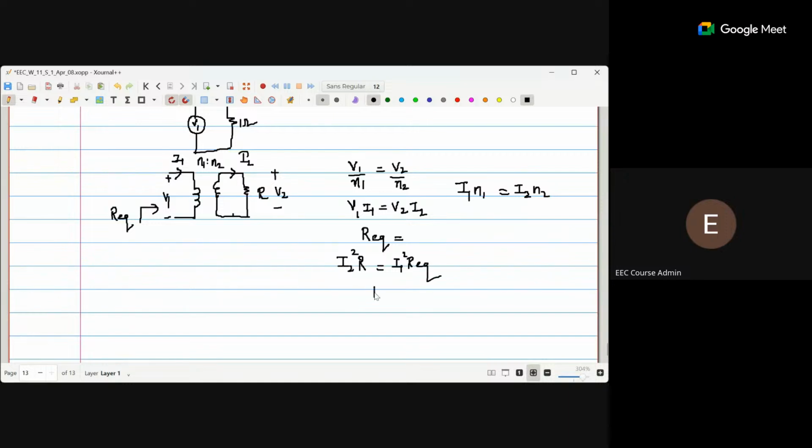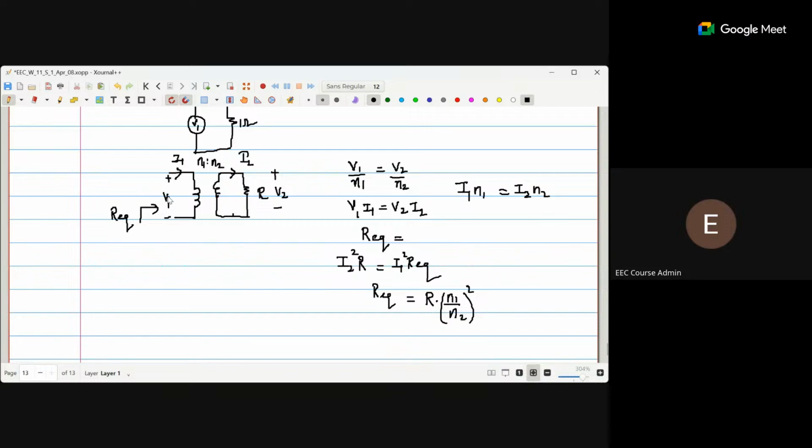So R equivalent will be R into N1 by N2 the whole square. Correct? V1 I1 and V2 I2, we have equated the power. That means whatever power is dissipated in this resistor connected in the secondary, that power has to come from the primary side.